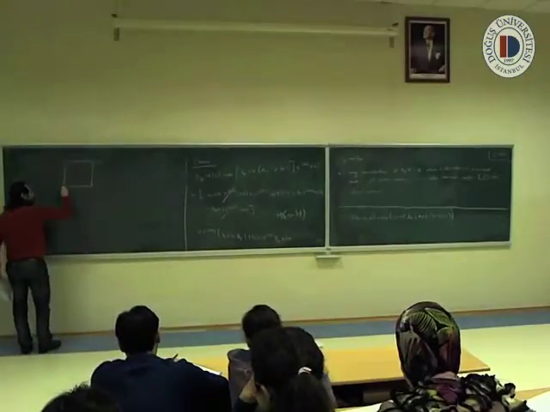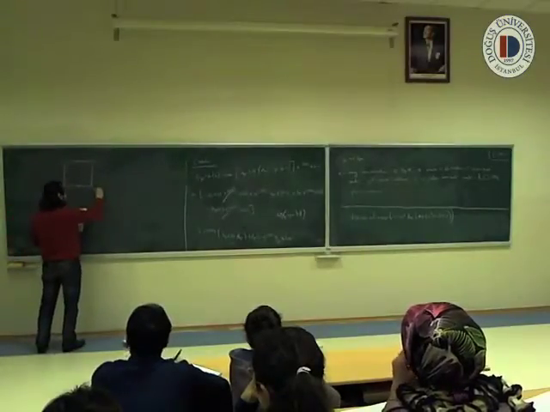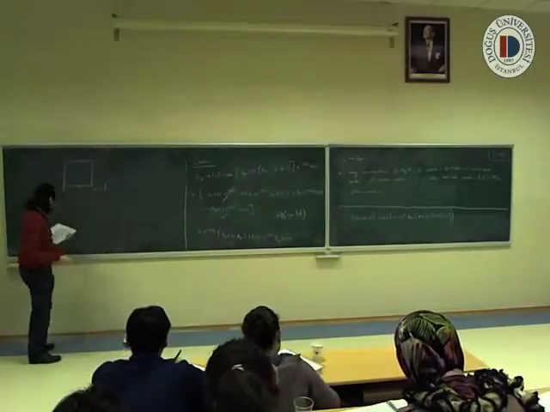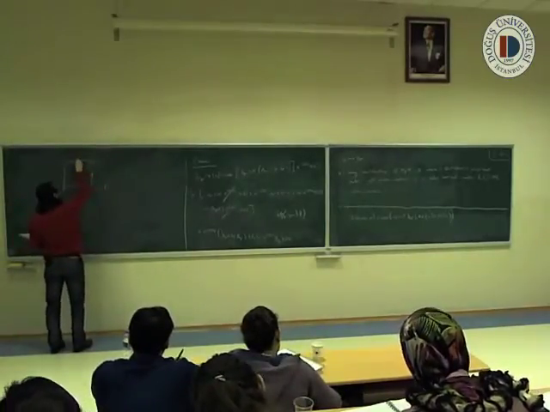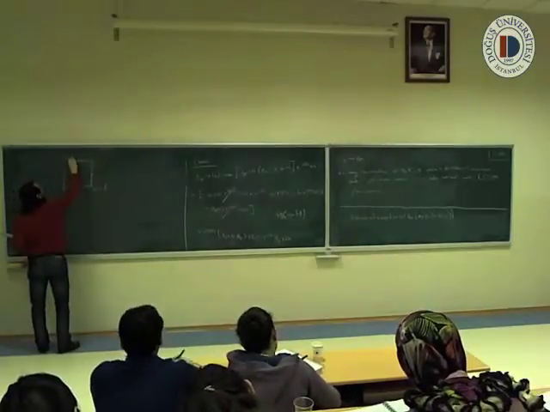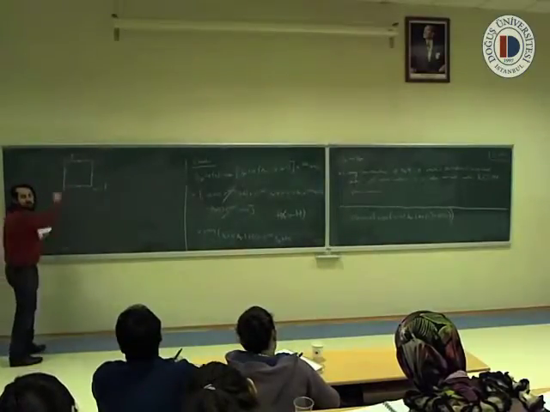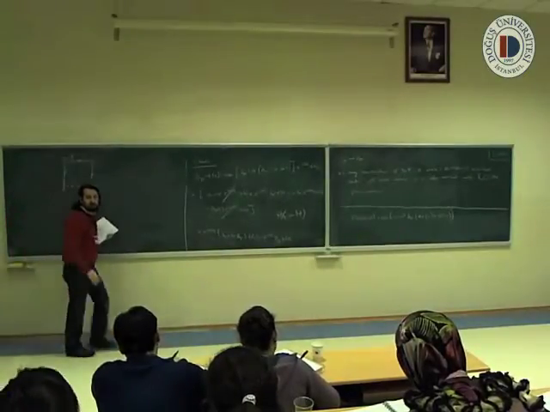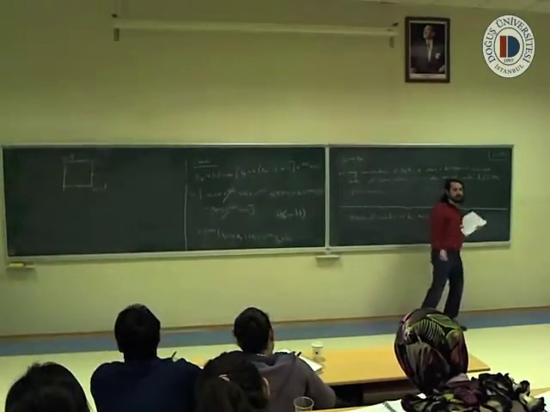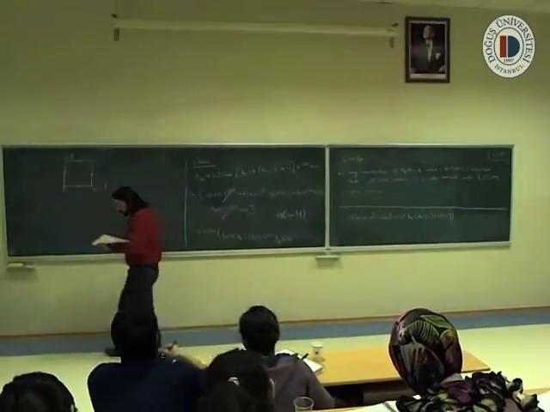So I'm going to start at a point x, then move to x plus epsilon 1, go up, go left, reach this point, and go back. So I will close the loop around the point x. This is the standard way you compute the curvature in Riemannian geometry.